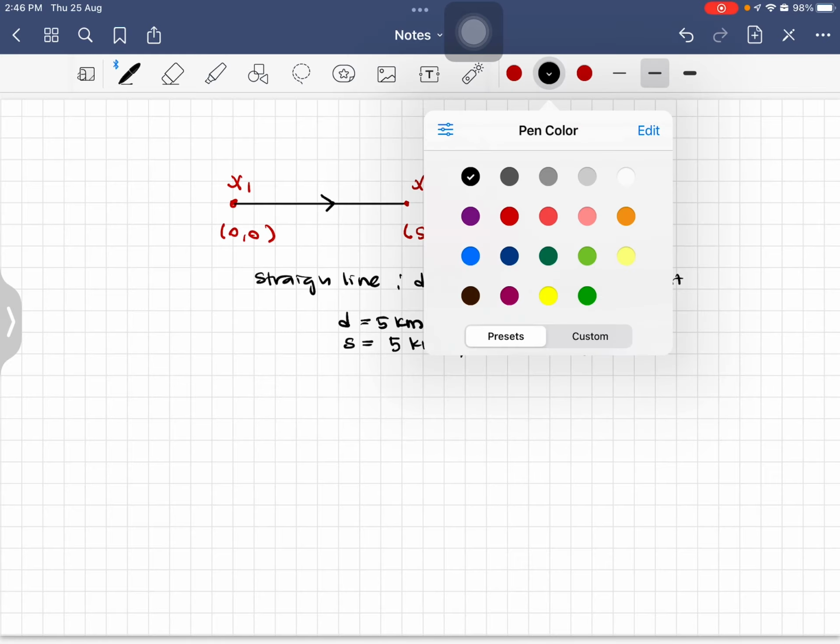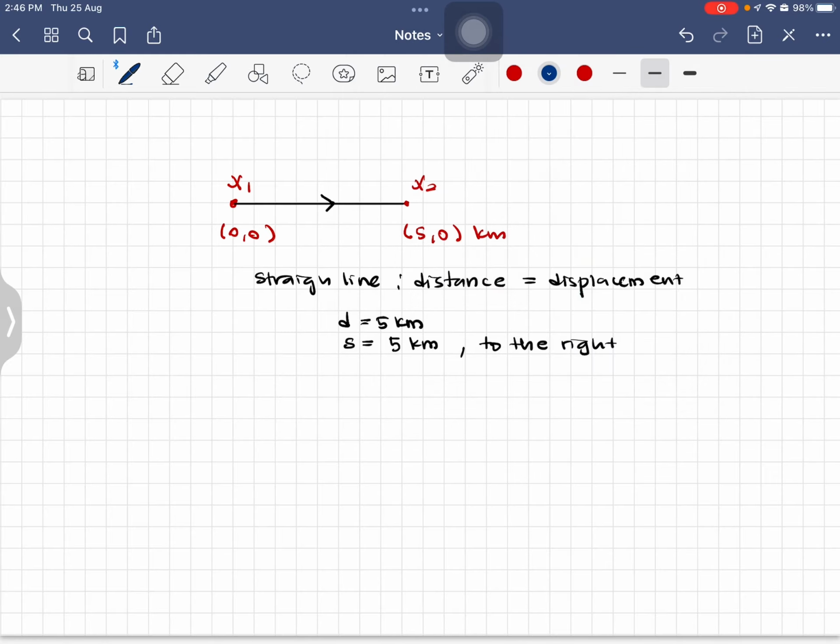Okay. Another example is when you have a ball, you throw it upward and it goes up 1.5 meter, and it drops back to your hand. In this situation, you will have the distance, which is the actual path taken by the ball.